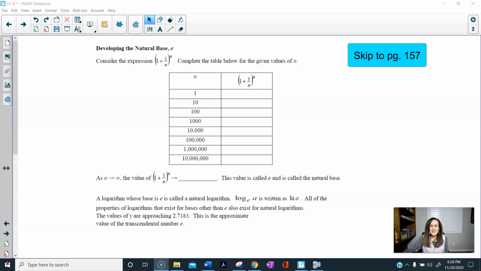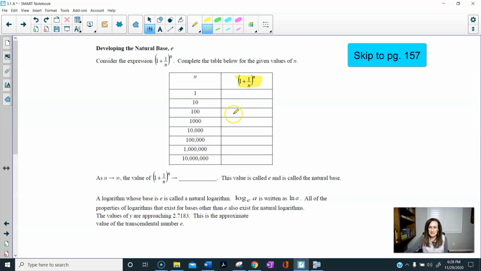So with your graphing calculator, you're going to go to y equals, and under y1, you're going to put in this function right here. Then you're going to switch your table from auto to ask.